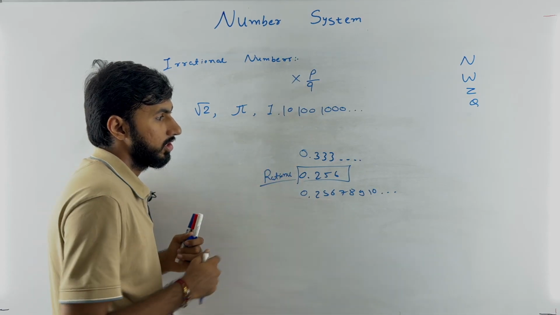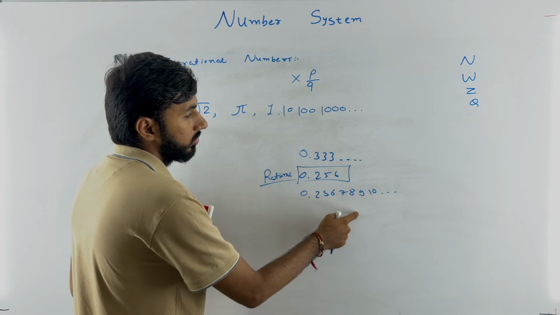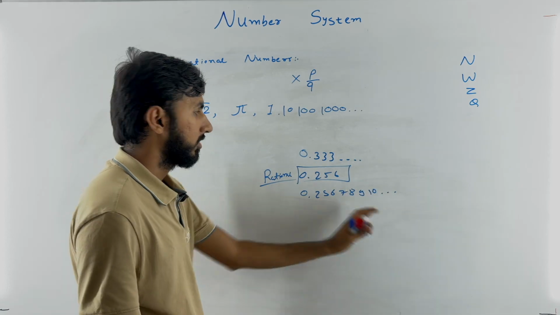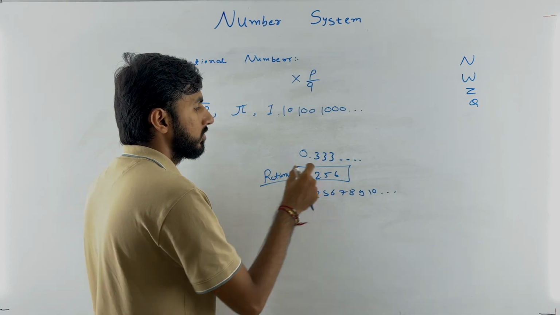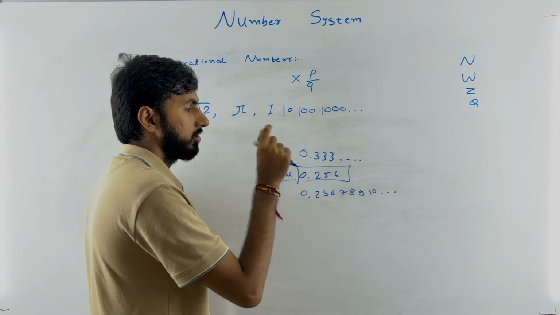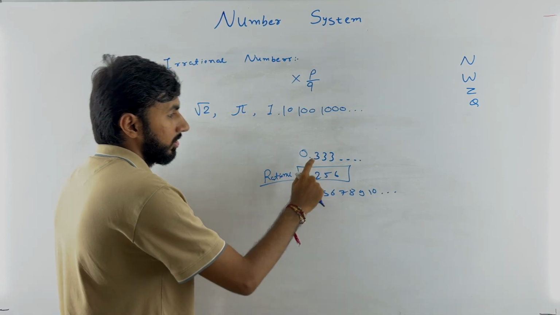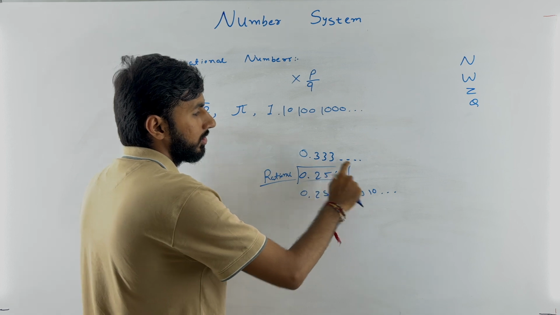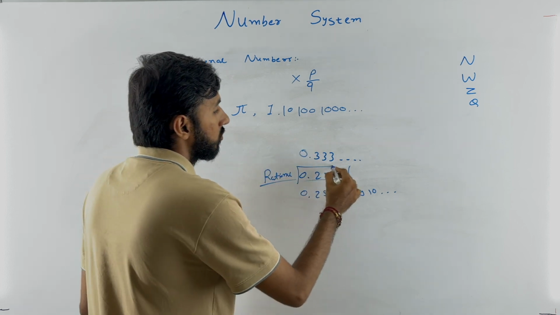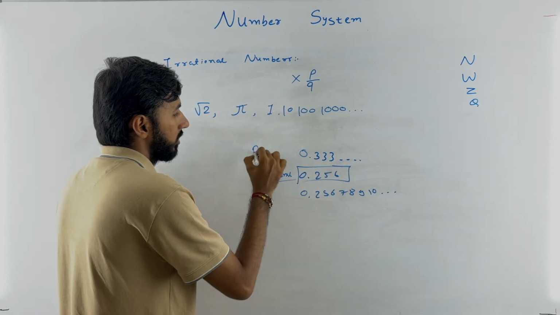Now for this and this number, both numbers go on infinitely after the decimal point. Now you have to see whether the number repeats some digit or some pattern. Here you can see 3333 repeats, right? So this number is also a rational number.